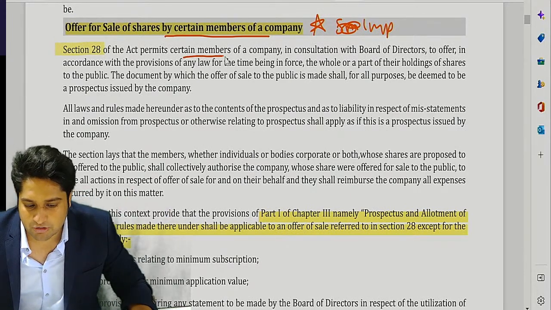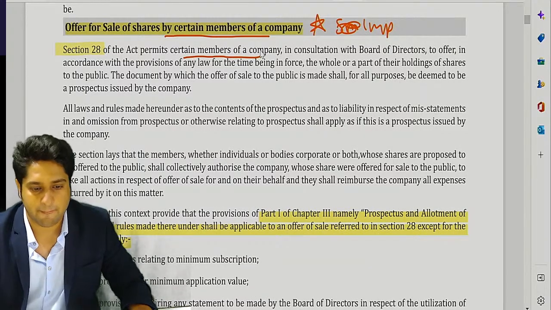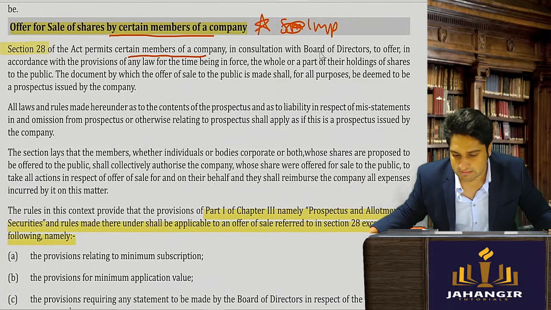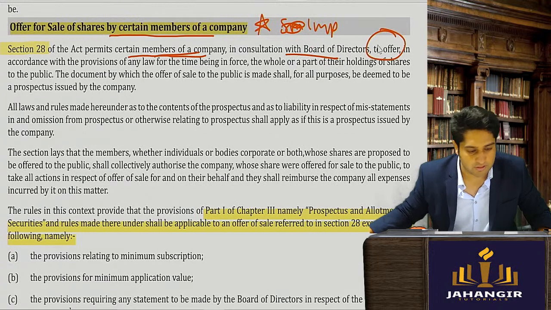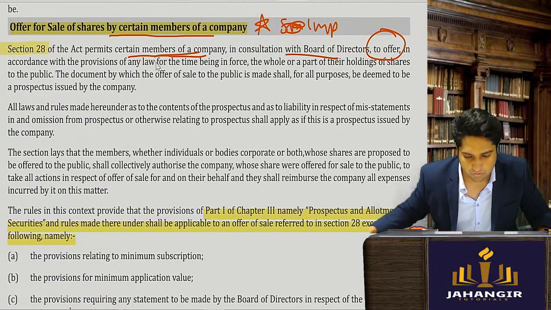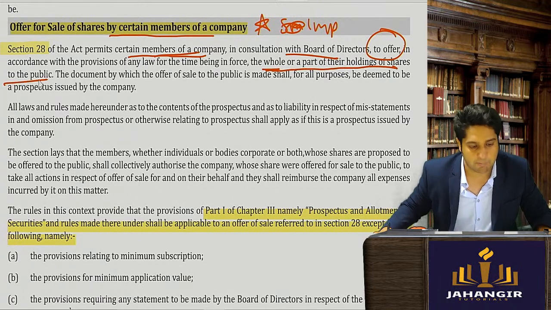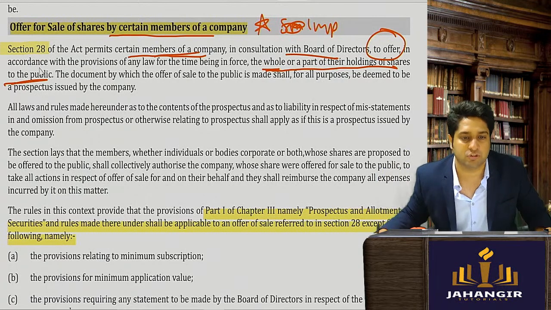It permits certain members of the company, in consultation with the board of directors, to offer whole or part of their holdings to the public.